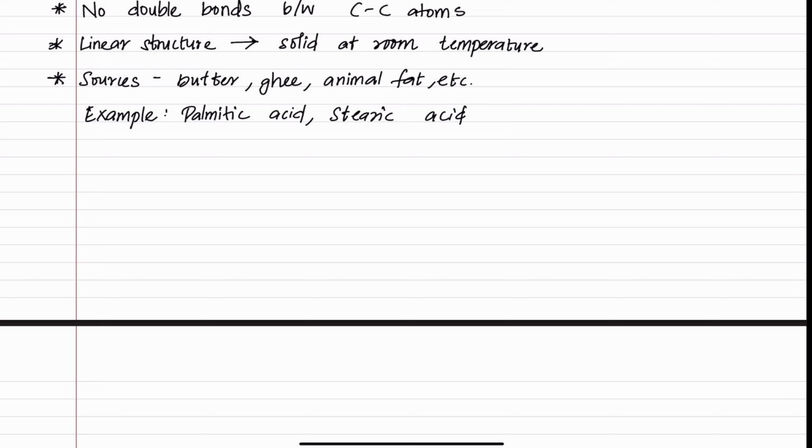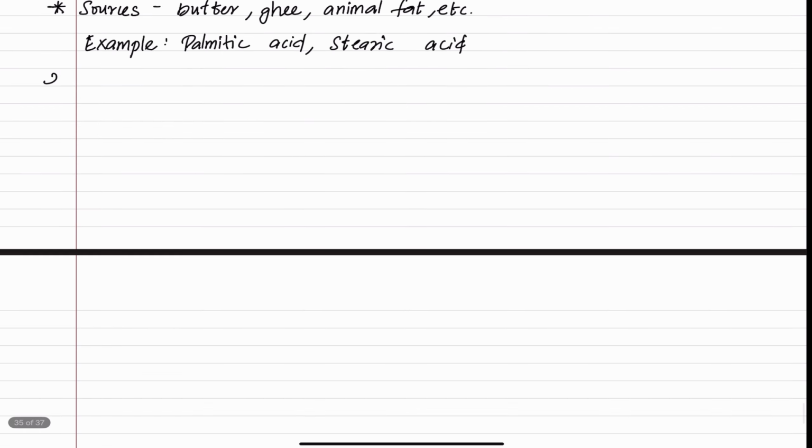It can be anything without a double bond. So anything from the previous table that I mentioned. Okay, next one would be unsaturated fatty acids.